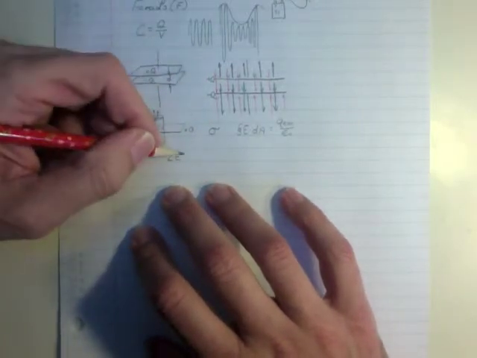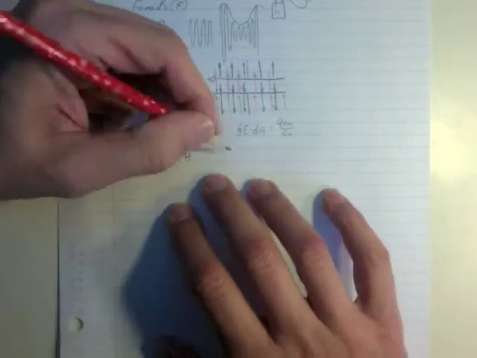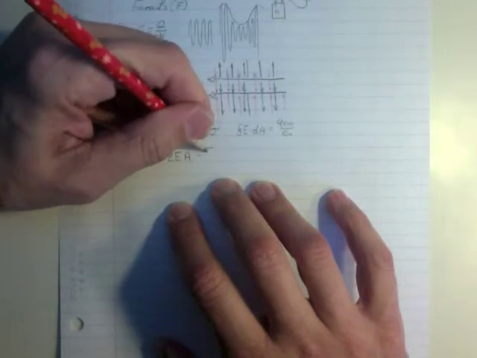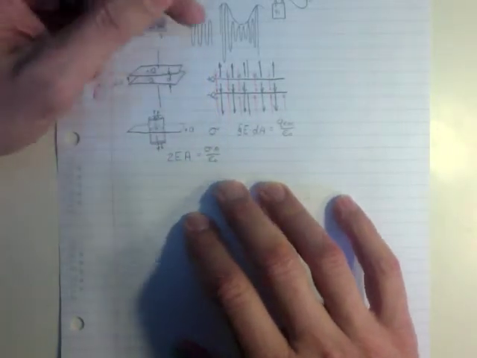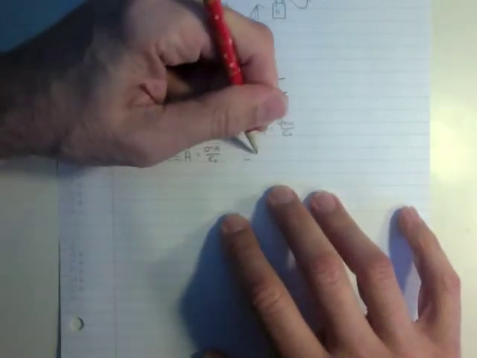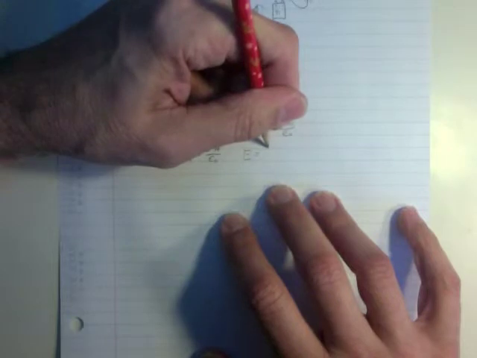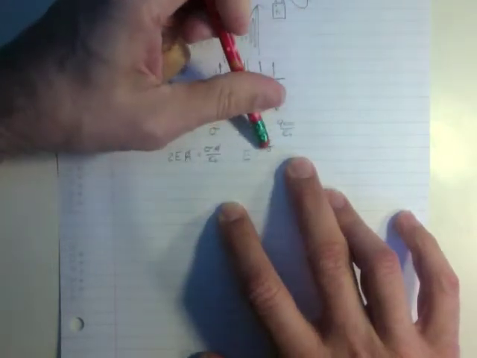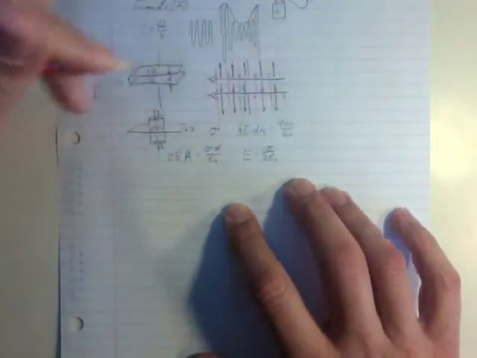That's the flux, and that equals the charge enclosed, which is just sigma times the area, over epsilon 0. When you solve that for E, the areas cancel, and you end up with 2E equals sigma over epsilon 0, so E is sigma over 2 epsilon 0.